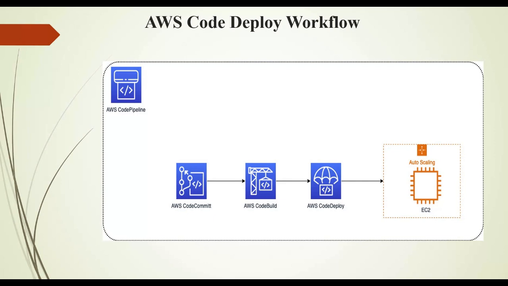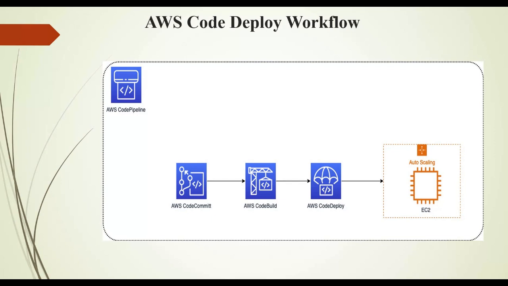First, you commit the code, then it goes to the build. After building and testing the code, it goes to the EC2 instance. So I will explain: CodeDeploy is a part of a complete CI/CD solution.